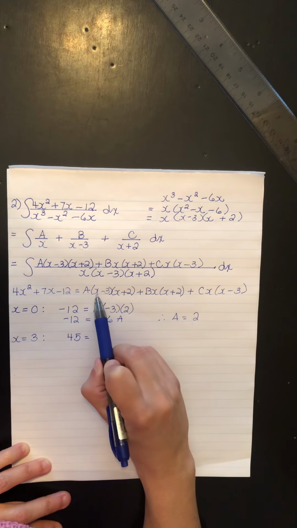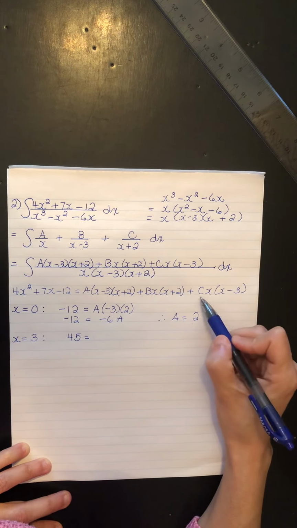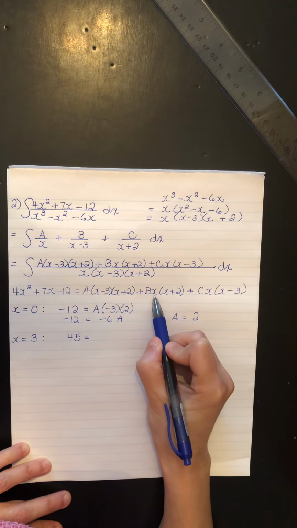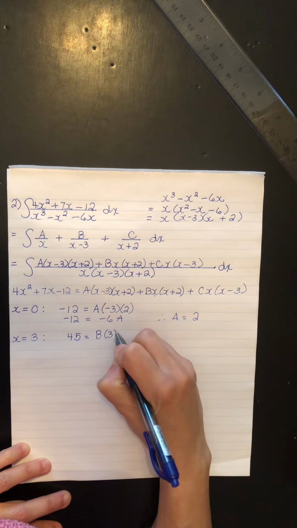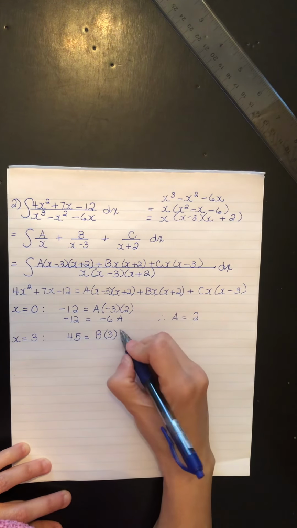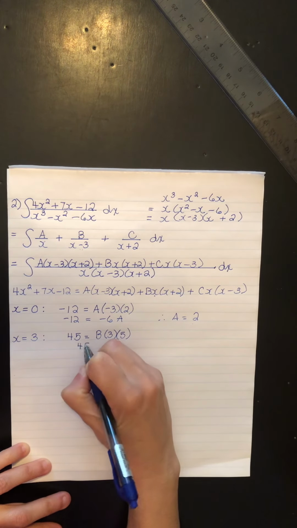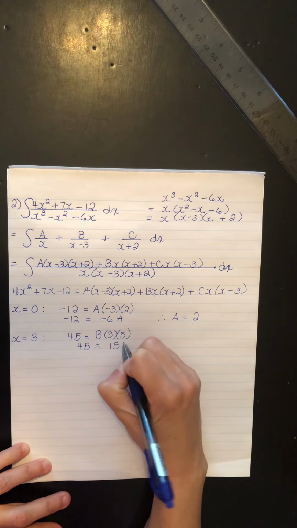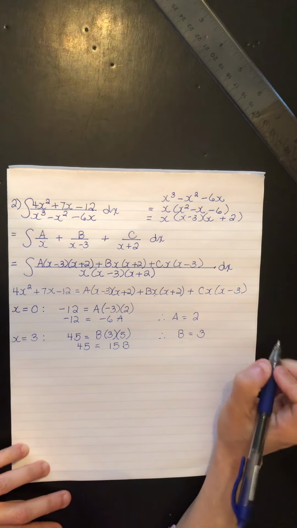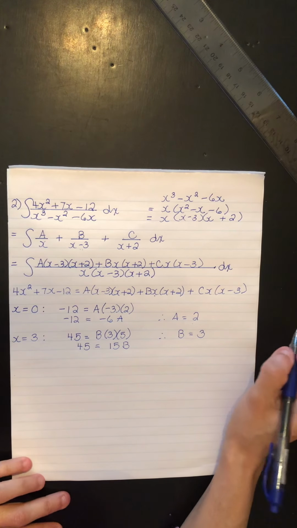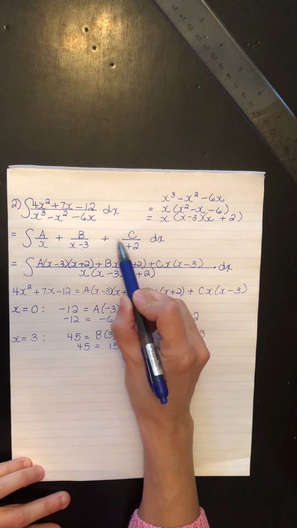Of course, the 3 here gives me a 0. The 3 here gives me a 0. So the only non-zero term will be here, B, times 3 times 3 plus 2, or 5, from which 45 is 15B and B is 3. 45 divided by 15.